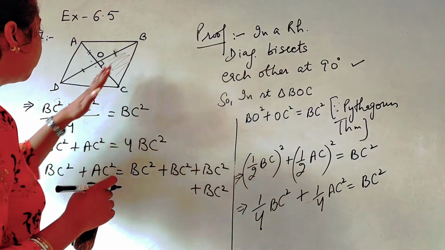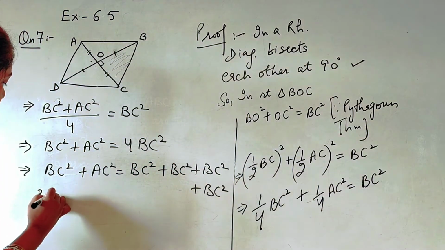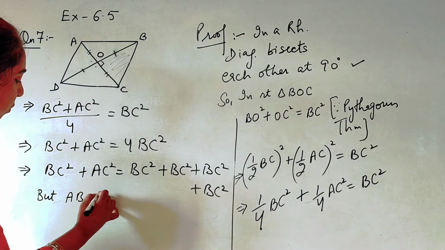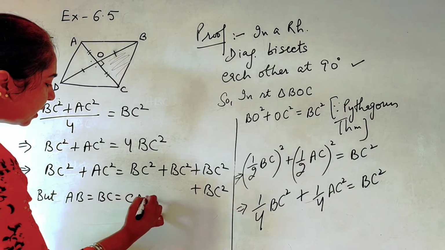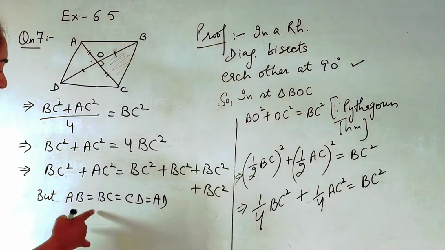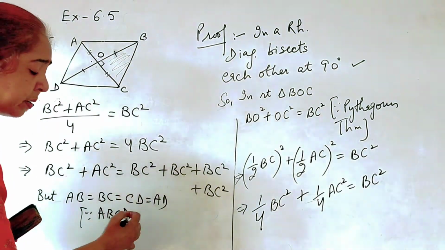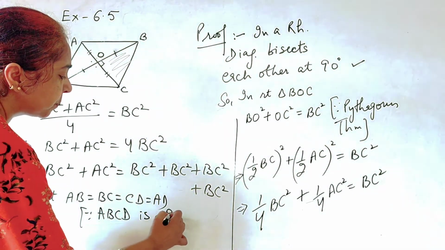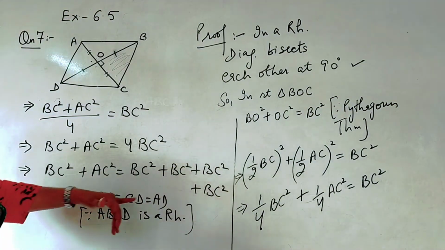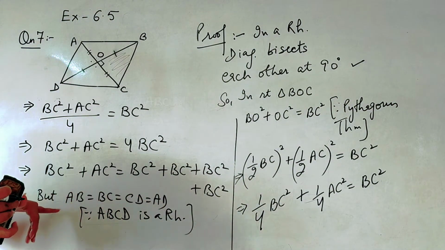Now we have all 4 sides equal: AB is equal to BC equal to CD equal to AD. Why? Because ABCD is a rhombus. We know that, it is given. So that's why we have all 4 sides equal.